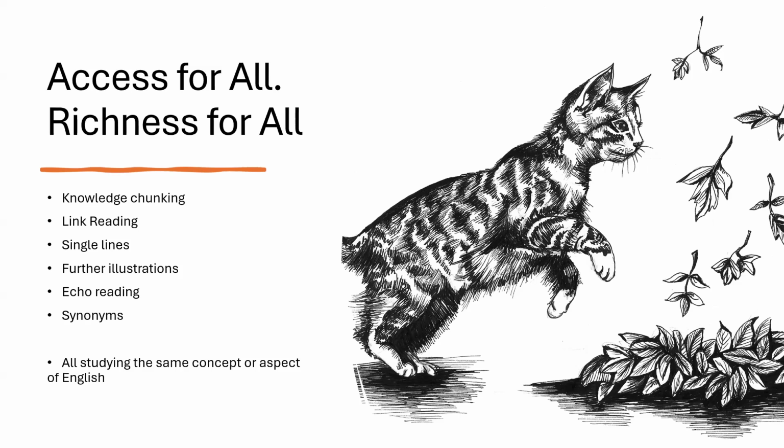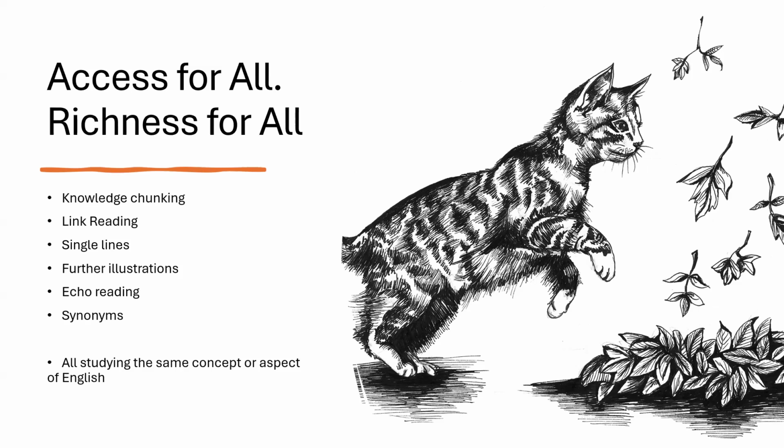The access then for all pupils is possible through the knowledge chunking, and I've only had time in this brief video to model a little bit, much more in the books, much more in our training sessions. Knowledge chunking, link reading I'm going to go on to in a minute.